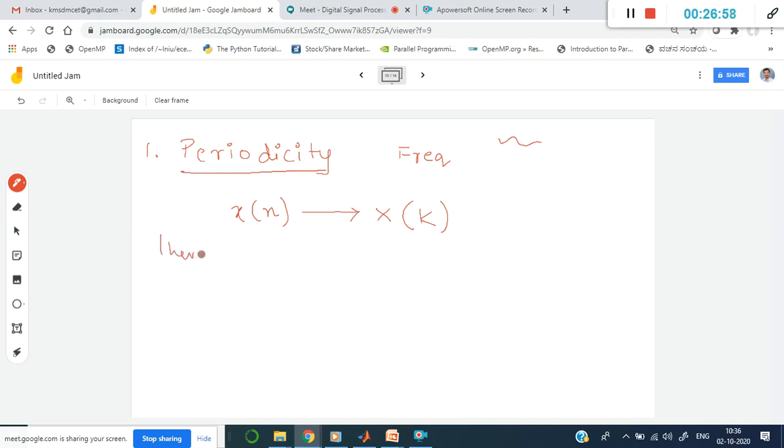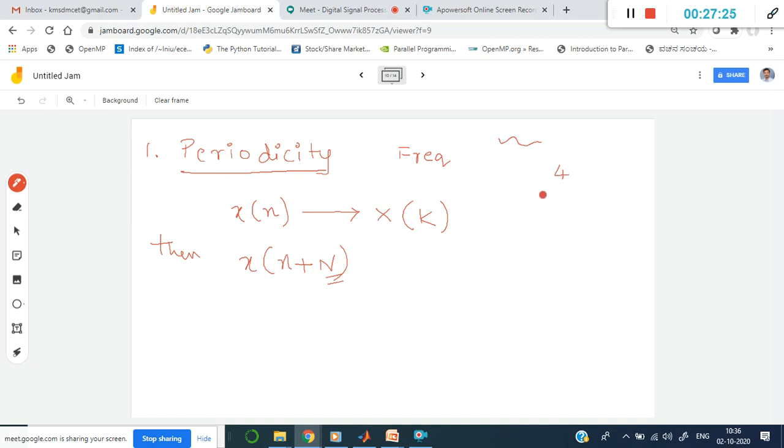Then if I shift by an n-point sequence, it means that the same signal is going to repeat after a certain period. Since it is discrete, I am incrementing this value by a discrete constant value n, say for example a 4-point DFT or 8-point DFT.